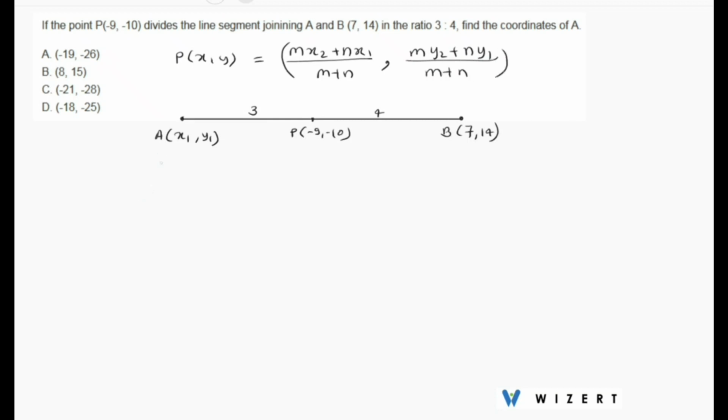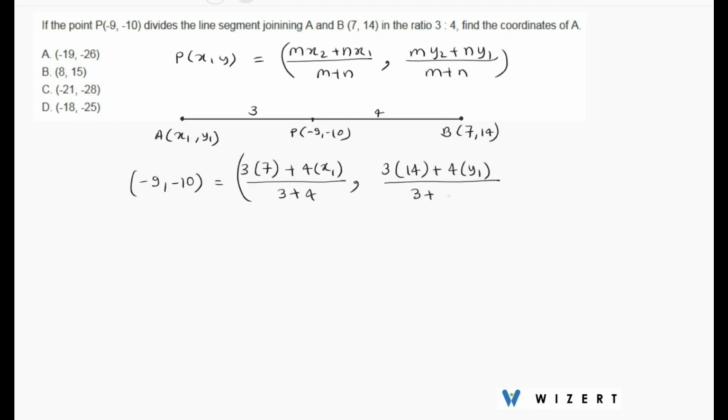So in this case we are given (-9, -10) equal to (3 multiplied by 7 plus 4 multiplied by x1) divided by (3 plus 4), and comma (3 multiplied by 14 plus 4 multiplied by y1) upon (3 plus 4).